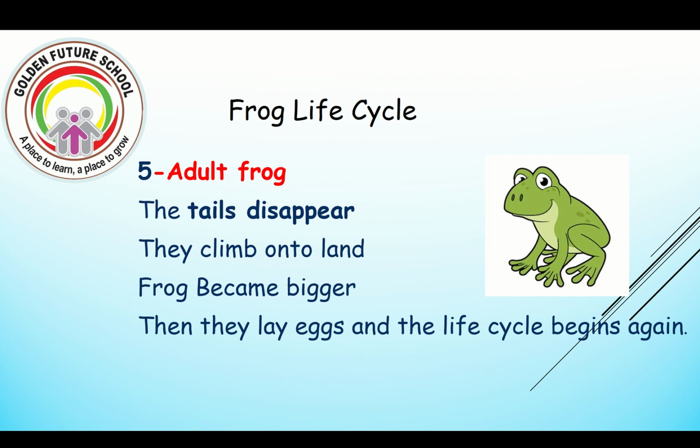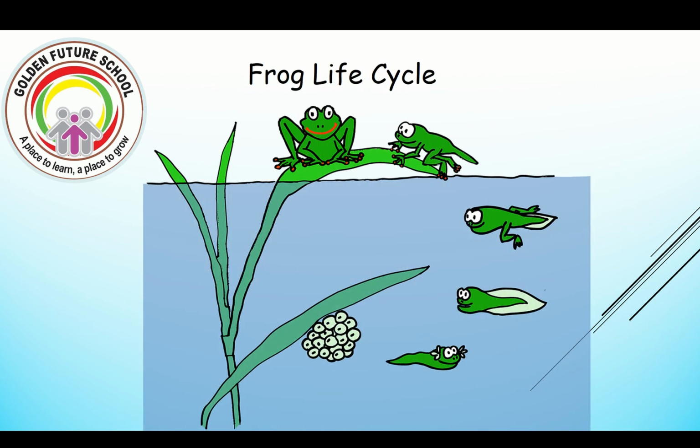That's all. This is the frog life cycle. Let's repeat all the steps together. First step is frog eggs. After that, the tadpole hatches from the egg and becomes a tadpole. After that, the tadpole eats more grass, grows, and grows two legs on the back side.